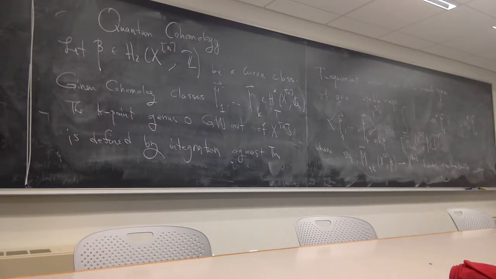So it sends a map into this Hilbert scheme to the cycle in the Hilbert scheme whose cohomology class is gamma_i. It's dual to the gamma_i. What does the map from P1 to Hilbert scheme mean?